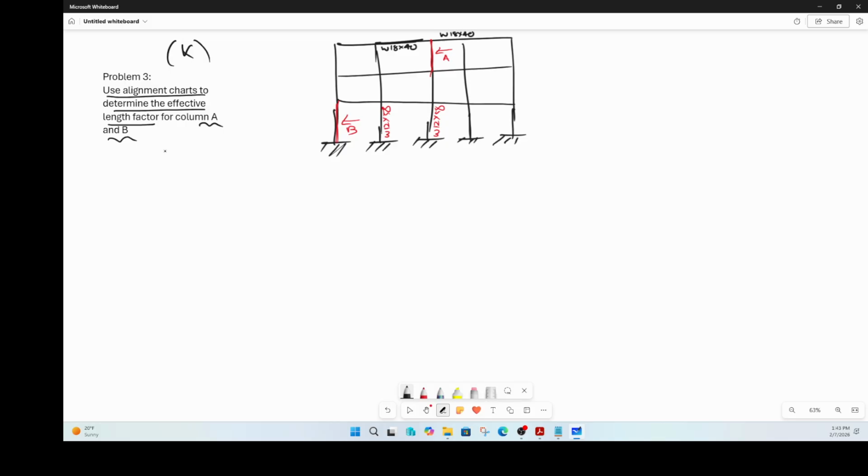But the procedure is pretty straightforward. Okay. So firstly, you have to realize that this frame is not a sway frame, right? So this is not sway frame, because we have two types of alignment charts. And firstly, I'll show you where they are hidden.